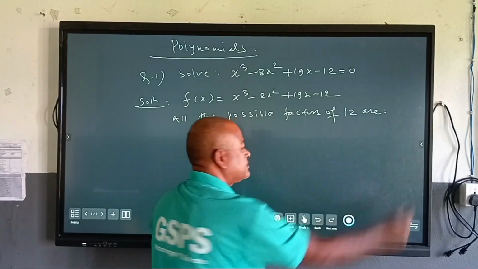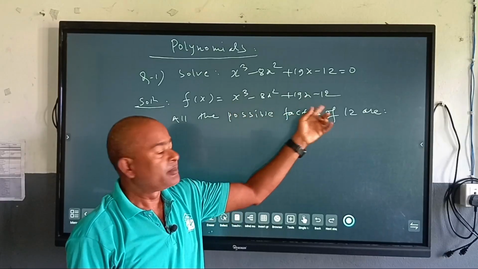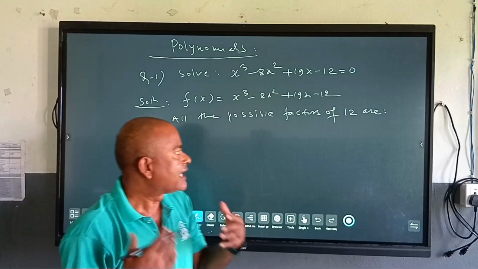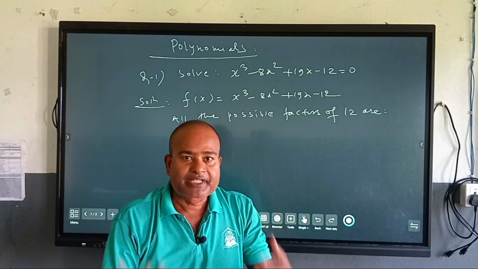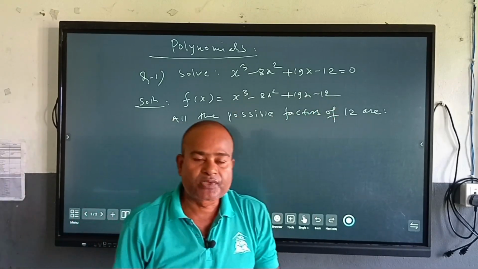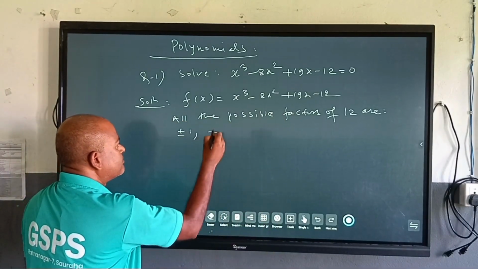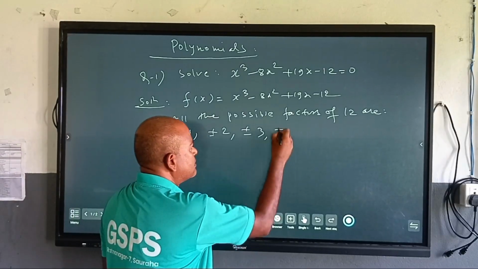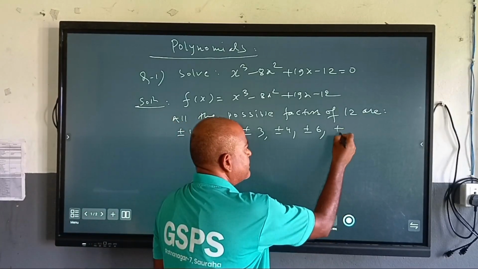In this polynomial, the constant term is 12. The possible factors of 12 are plus minus 1, plus minus 2, plus minus 3, plus minus 4, plus minus 6, and plus minus 12.